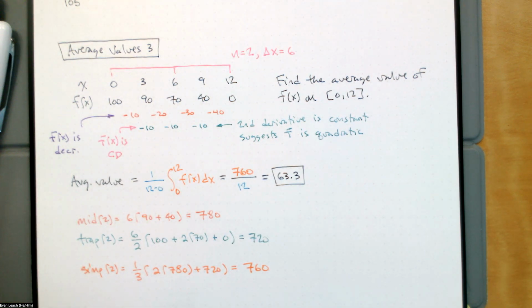Since we know that f of x is concave down, that suggests that the trapezoidal rule connecting these points with a line is going to be an underestimate. And it looks to be the case because our trapezoidal rule was less than our midpoint rule.